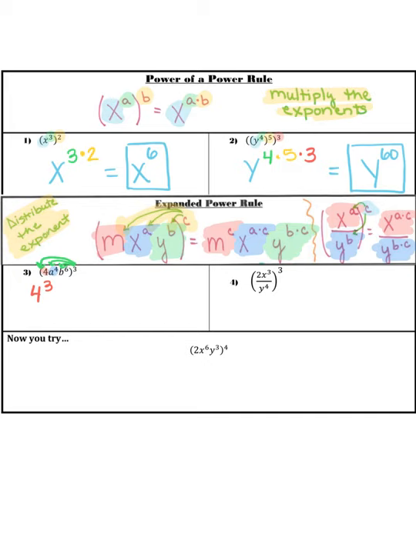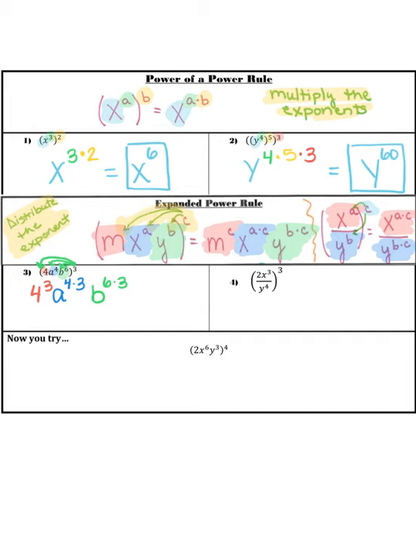So using my power to a power rule, I'm going to use the base of a, but I am going to multiply 4 times 3. And finally, I have b to the 6th, but we're going to raise that to the 3rd power, so that's going to be a base of b, but we're going to multiply the 6 times 3.